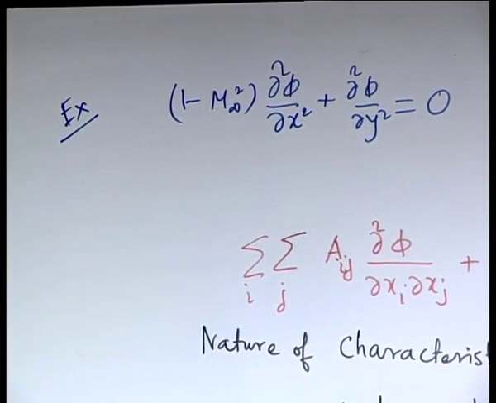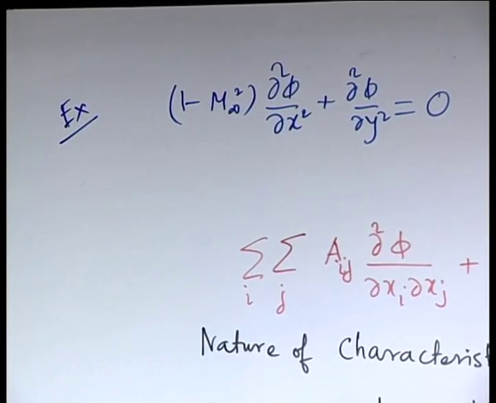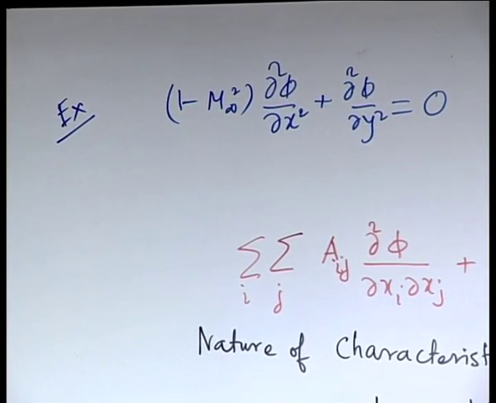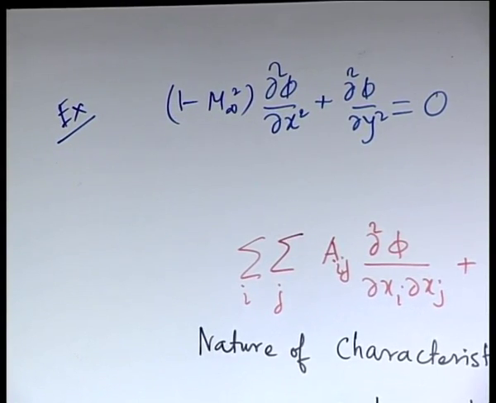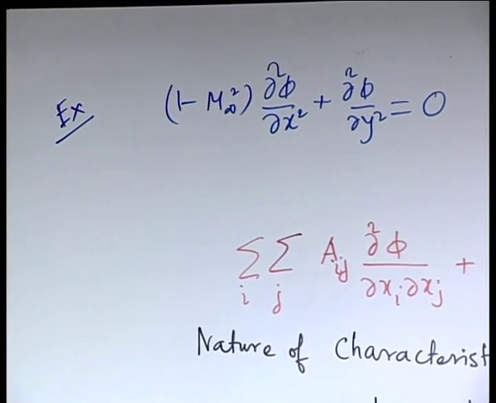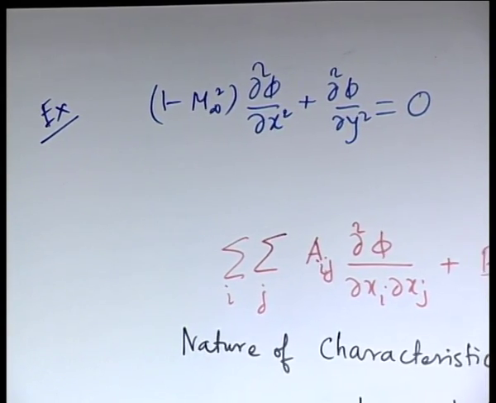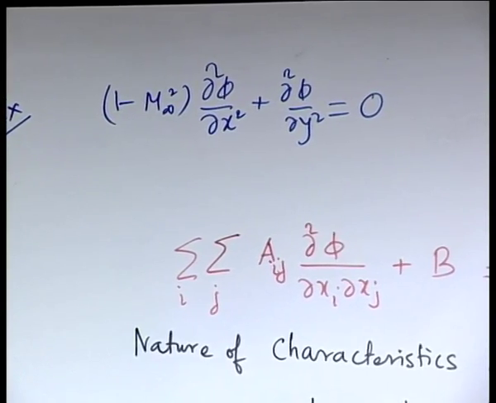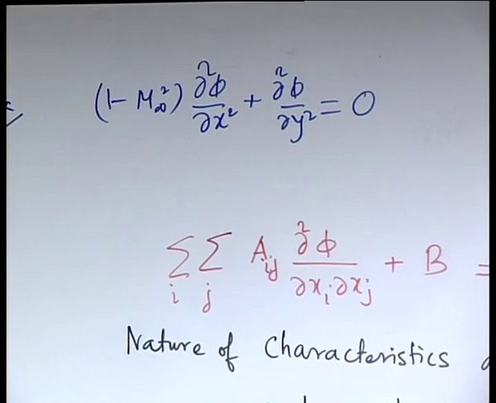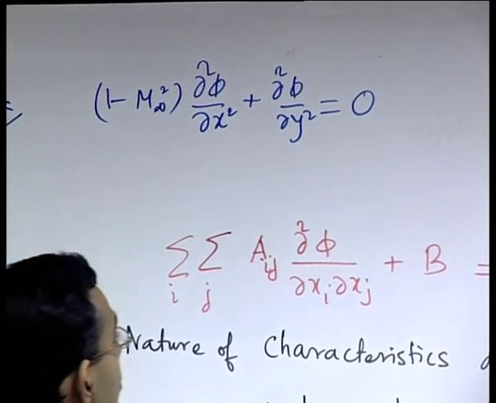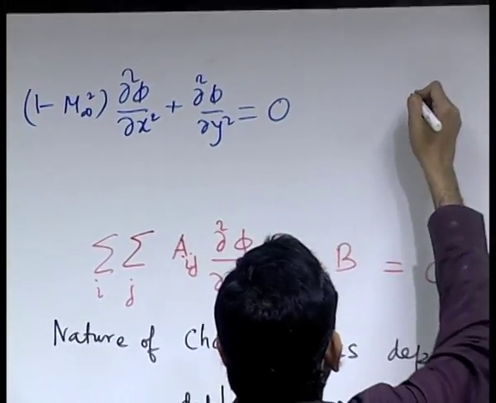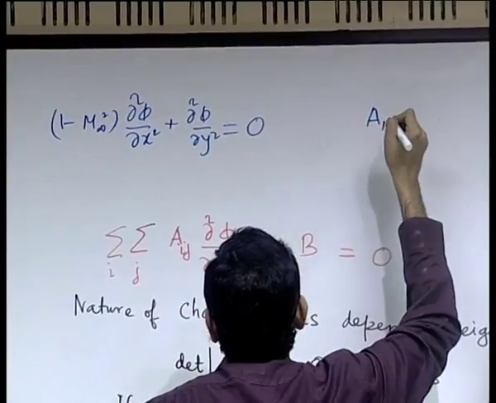This is an equation relating the velocity potential for isentropic inviscid compressible flows over slender shaped bodies, that is, bodies having a slender shape. From that we have to identify the characteristics of the corresponding partial differential equation. So let us try to use this rule. You have A11.